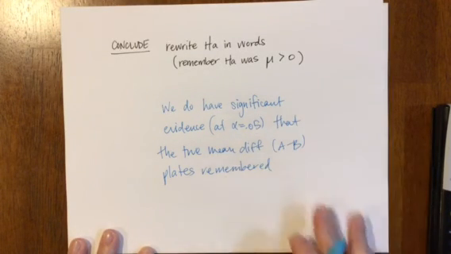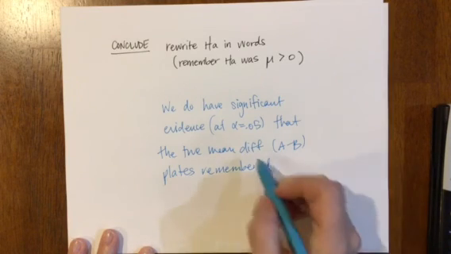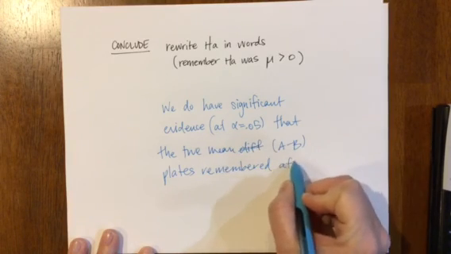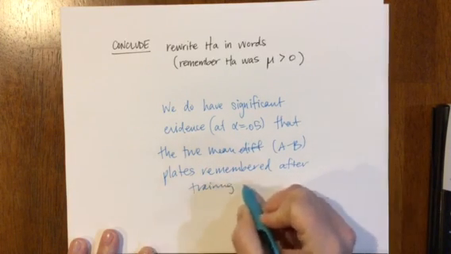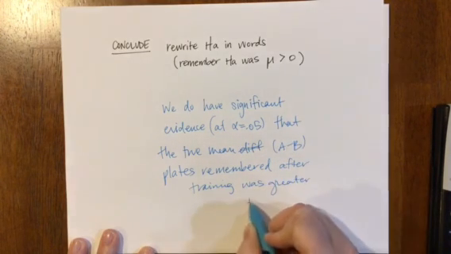You can say we do have evidence that the true mean, you can even get rid of difference and say that the true mean plates remembered after the training was greater than before. That might be easier.